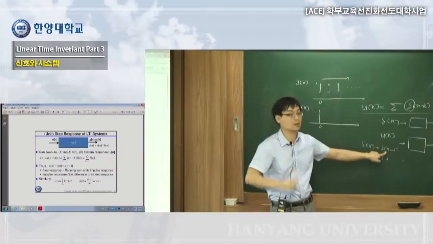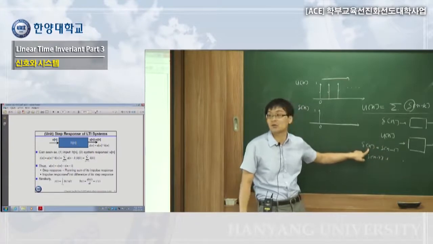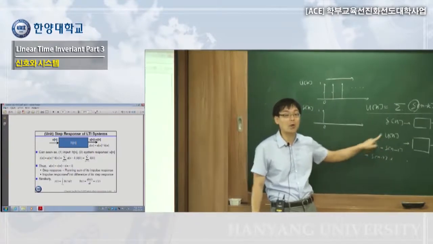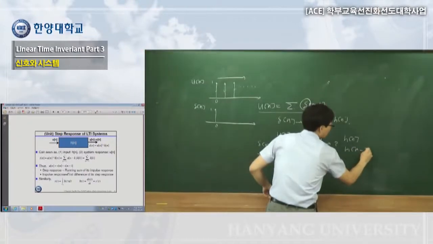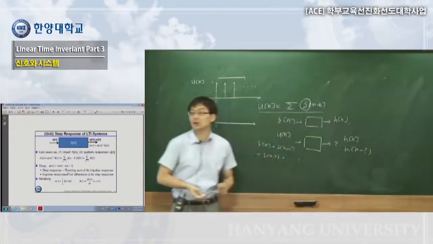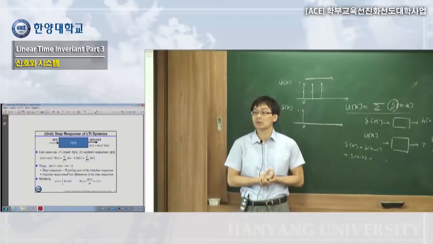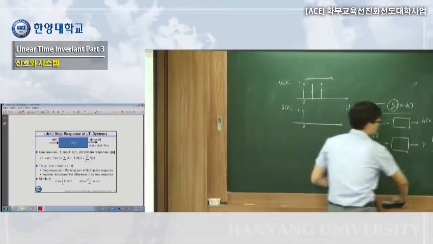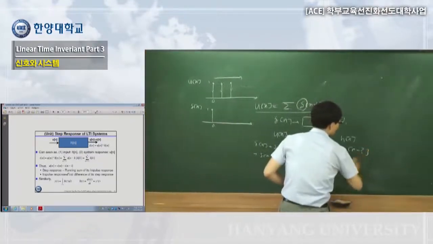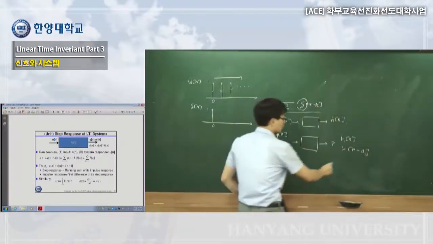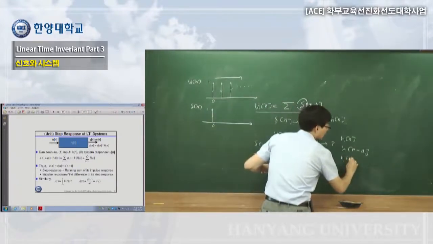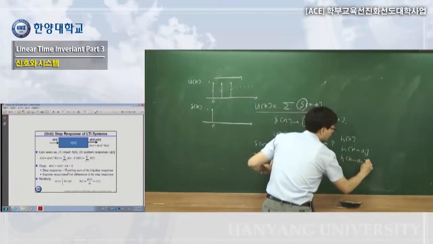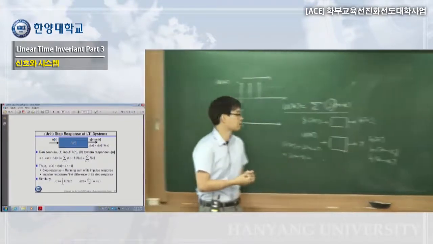This is a time-shifted version of the previous one, so we expect the output to be the same, but a time-shifted version of H. Let's call it A1 in this case. We don't know what A is. What about this? We have a time shift of 2, so we have another one that is a time-shifted version.